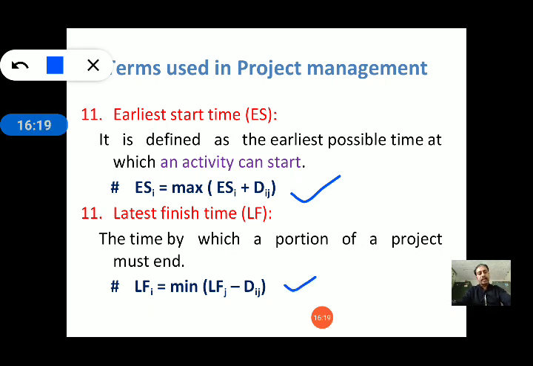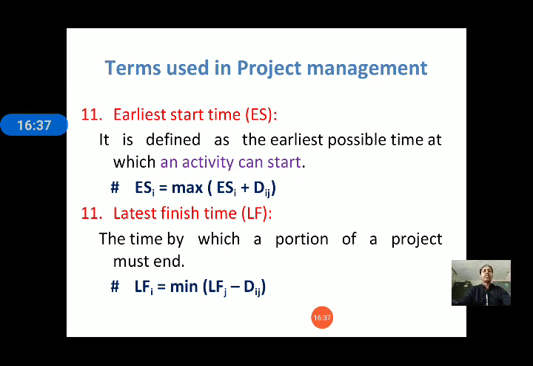And this is the equation to find out the latest finish time: the latest finish time of the tail event is equal to the minimum of the latest finish time of the head event minus Dij, meaning minus duration. Just note it down. We'll discuss the determination of these two times elaborately.